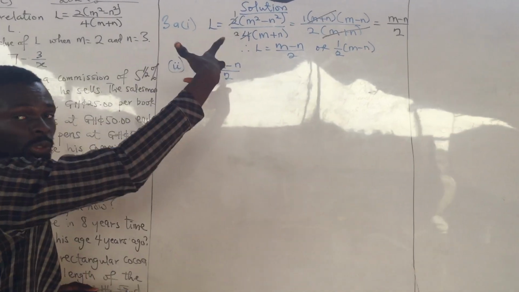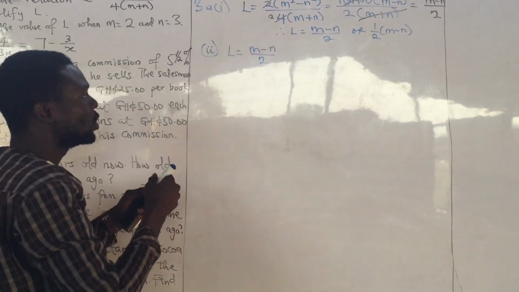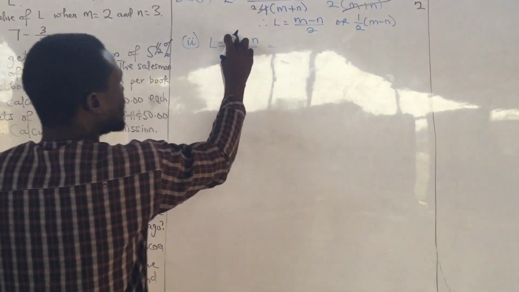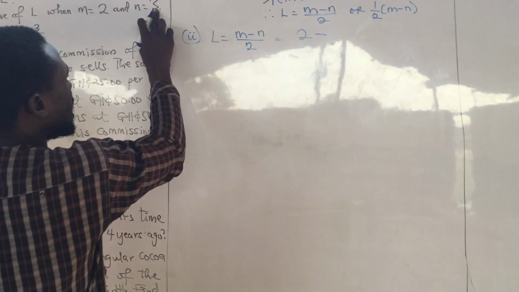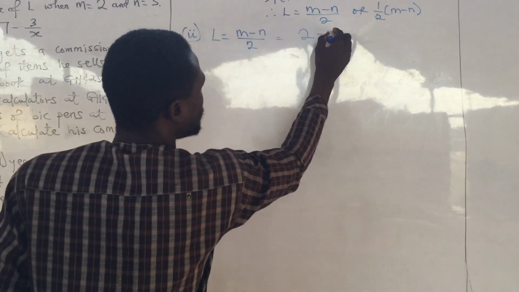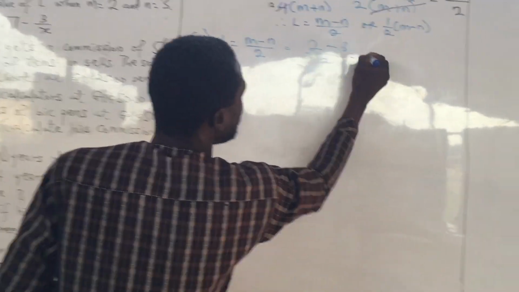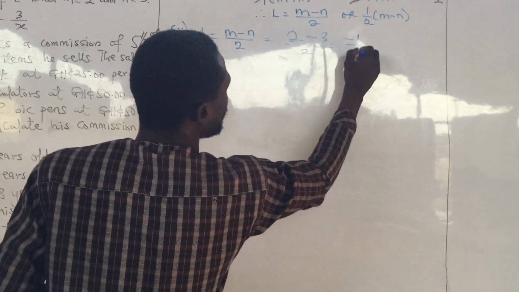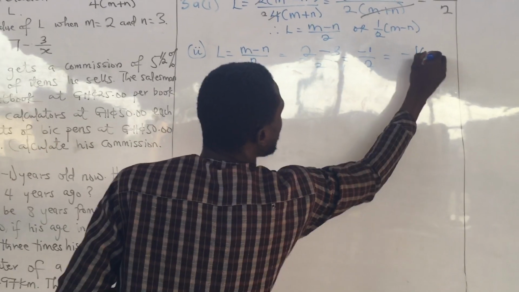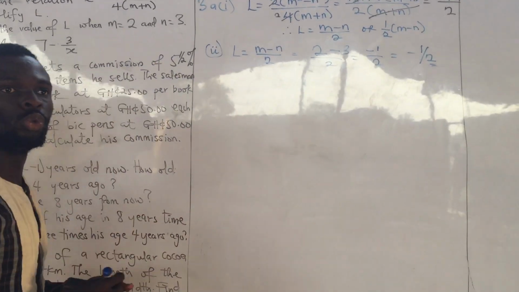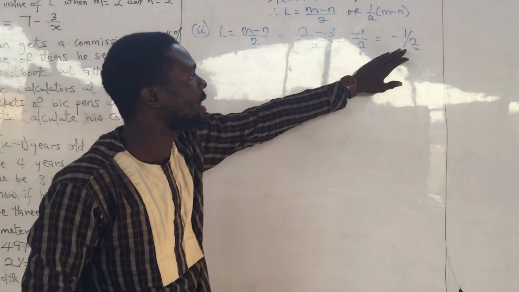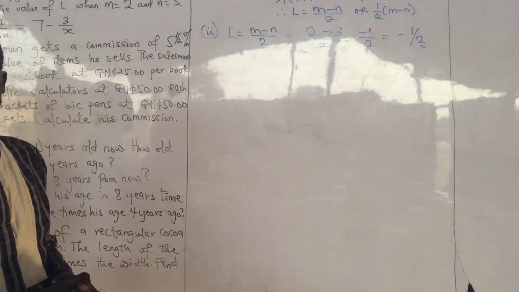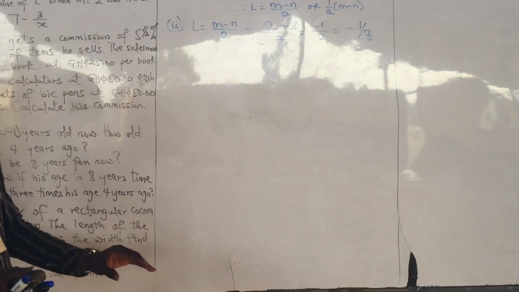So we substitute the figures with their values. So we have 2 minus 3, which is negative 1, all over 2. So to find the value of L, we are going to say L is equal to negative 1 over 2.